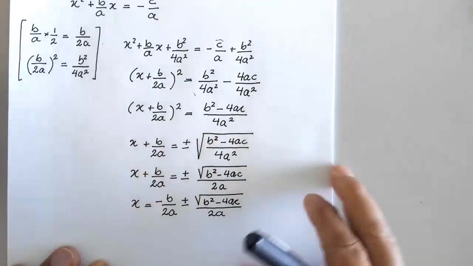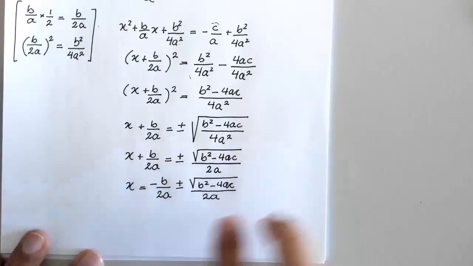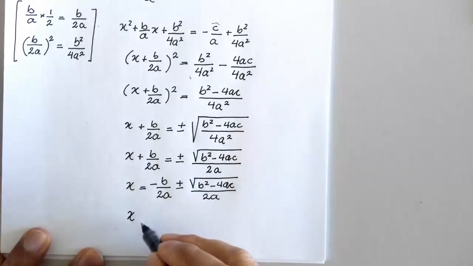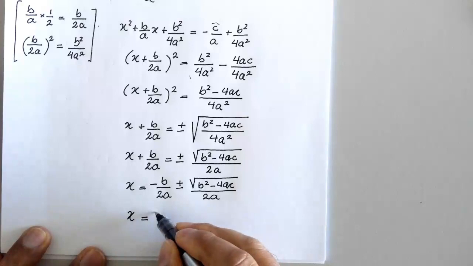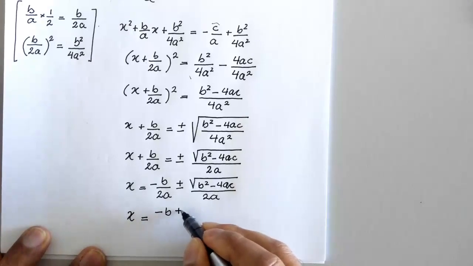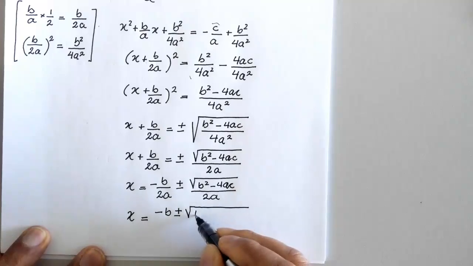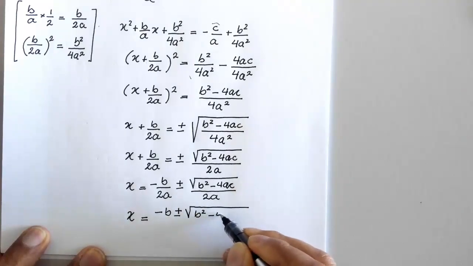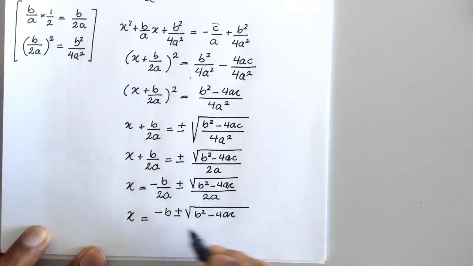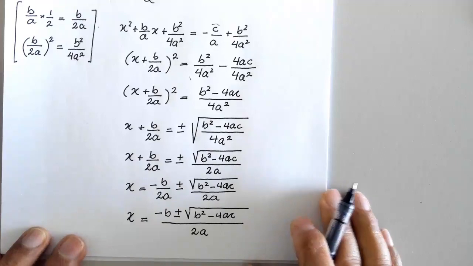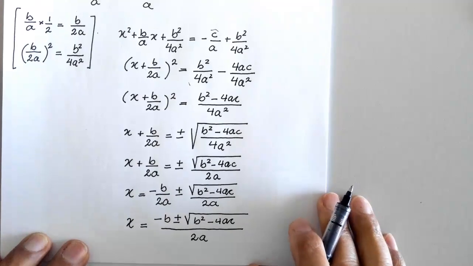And then bingo, we have the same denominator, so we can put them together, and therefore we have minus b plus or minus the square root of b squared minus 4ac all divided by 2a, which is the quadratic formula.